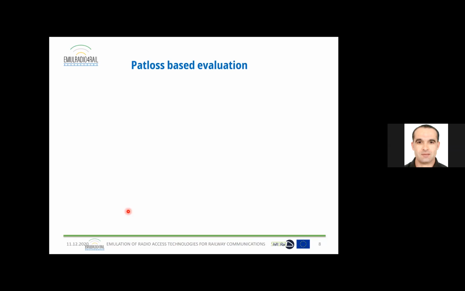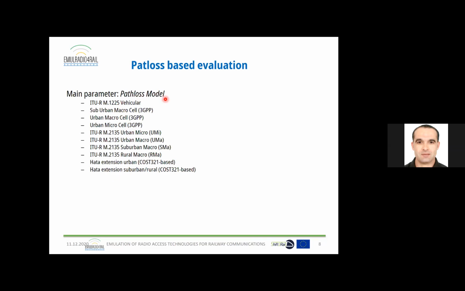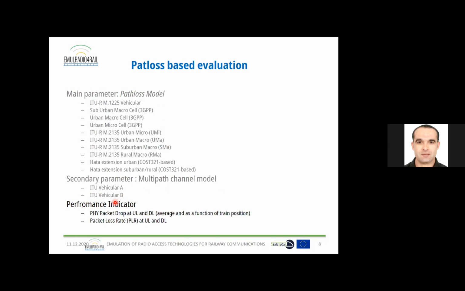As a first set of evaluation, we consider the path loss model as a main parameter, and we consider 10 path loss models proposed by the simulator. As a secondary parameter, we consider the multipath channel model, with two models, ITU vehicular A and ITU vehicular B. As performance indicators, we consider packet drop at uplink and downlink at the physical layer.